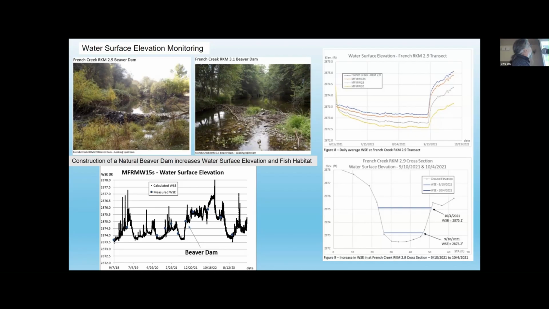This shows how the creation of a beaver dam significantly increased the water surface elevation in French Creek during the drought year of 2021. And in addition, as we know, to that increase in water surface elevation, you also have a significant increase in volume of habitat for the juvenile fish to use year-round.